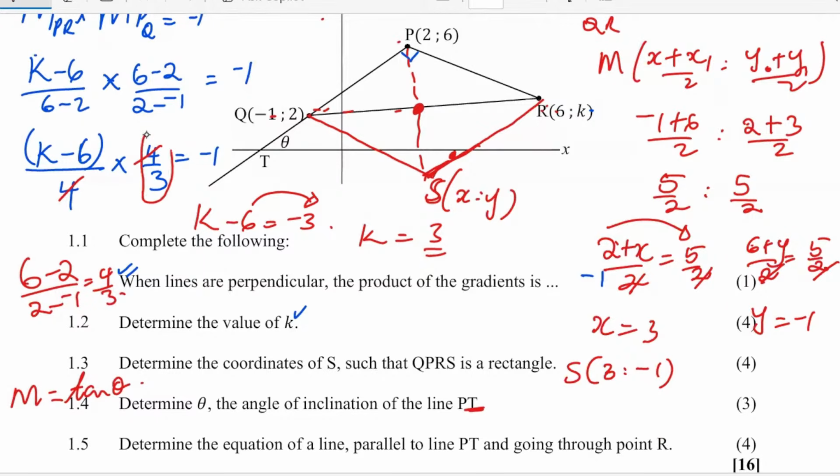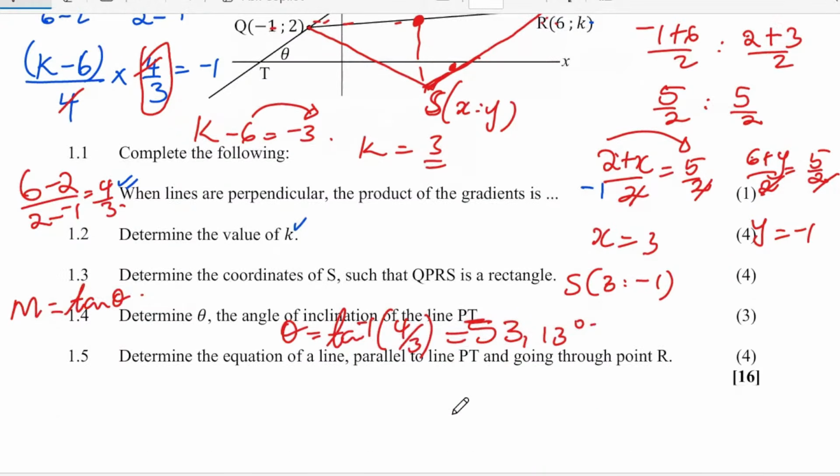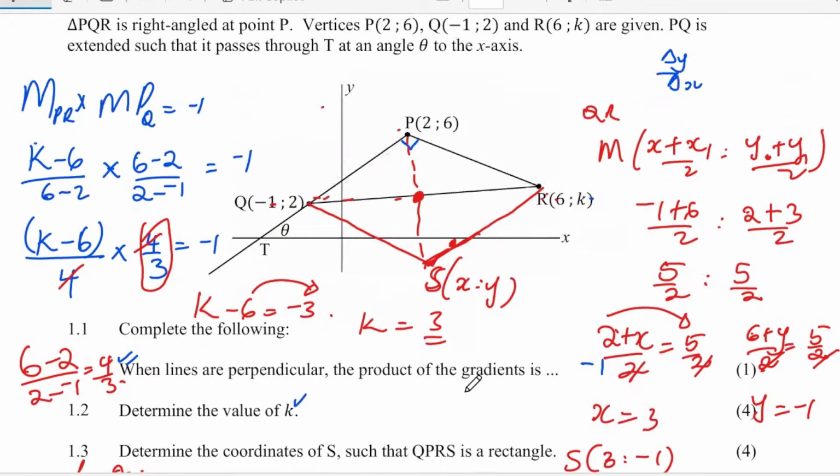So if I shift tan of 4 over 3 and punch this in the calculator, I'm getting 53.13 degrees.